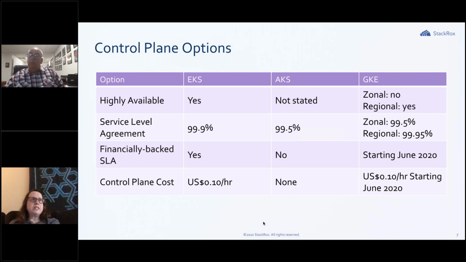Google announced a couple weeks ago that GKE will start both charging for the control plane and financially backing their service level agreement. They're expecting that to deploy in June of this year. And that control plane, whether it's zonal or regional, will cost the same as Amazon's charge. So AKS doesn't have a financially backed SLA, but they also don't charge you for the control plane right now.